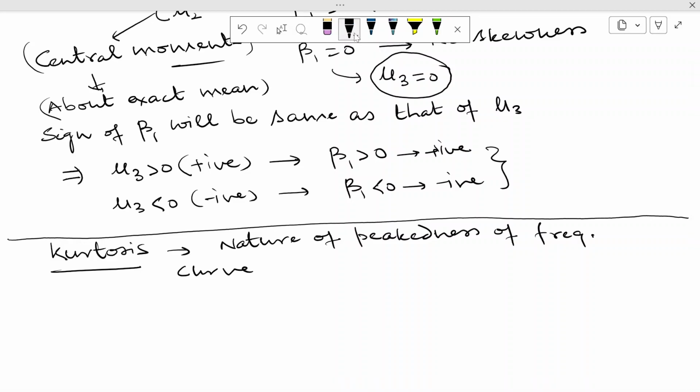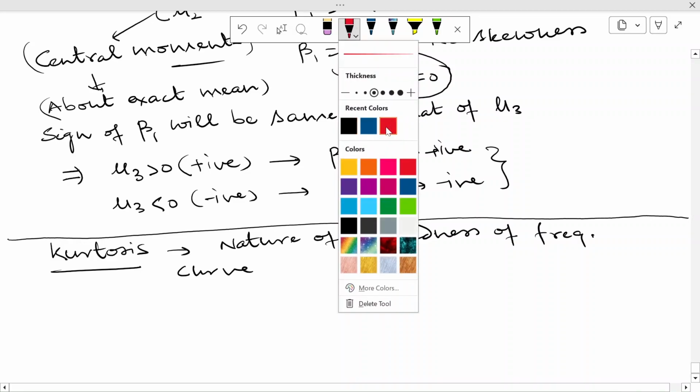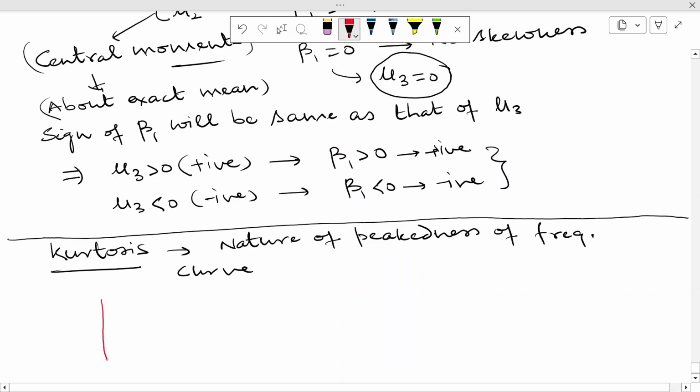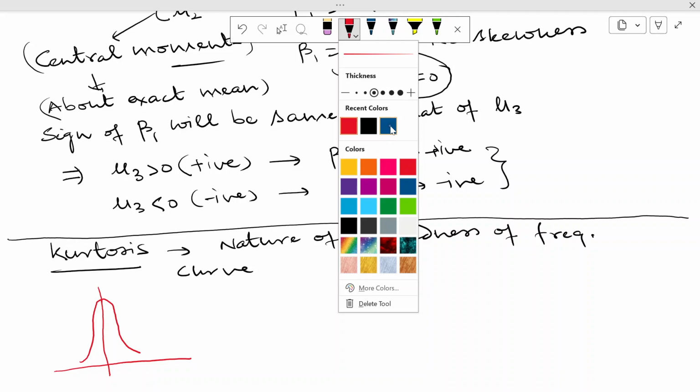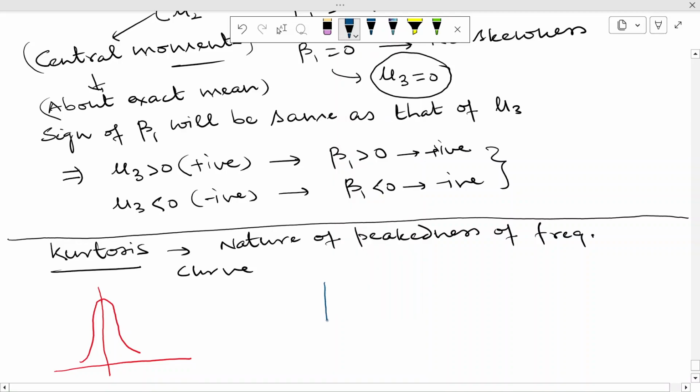we have three situations. The first situation is that your data will be peaked about the y-axis. Another possibility is that you may have a flat frequency curve, something like this. This curve does not have a very high height.